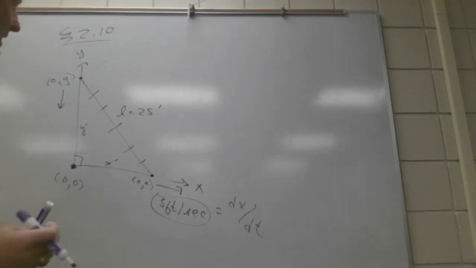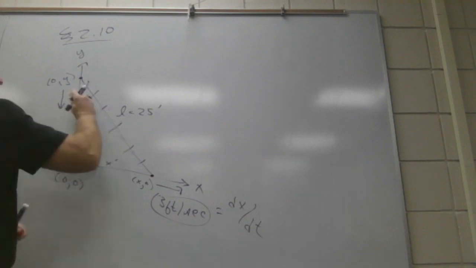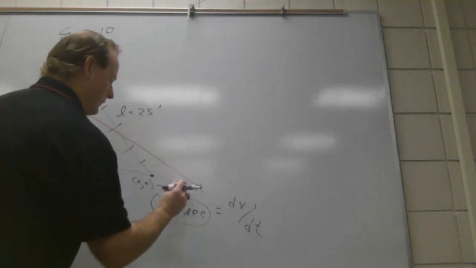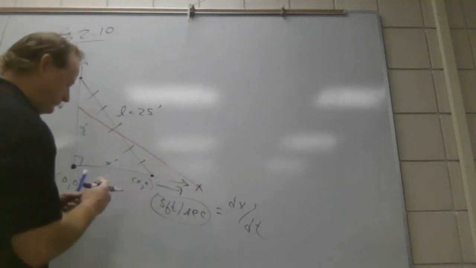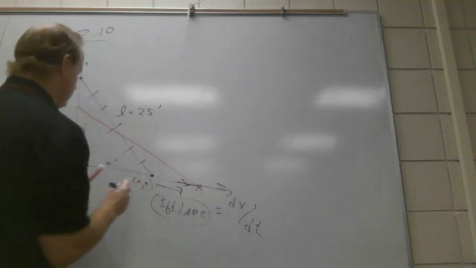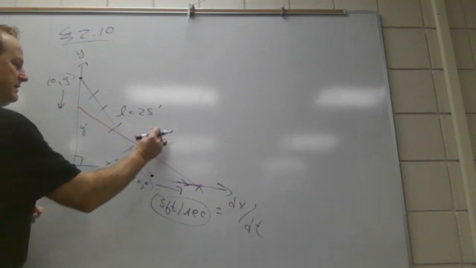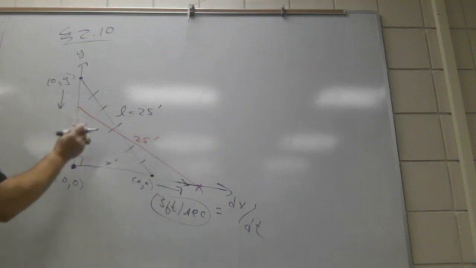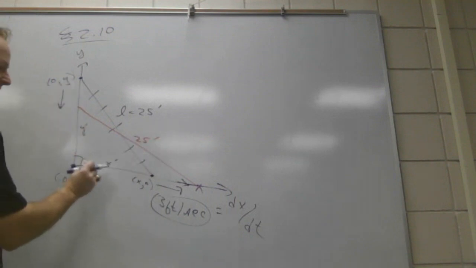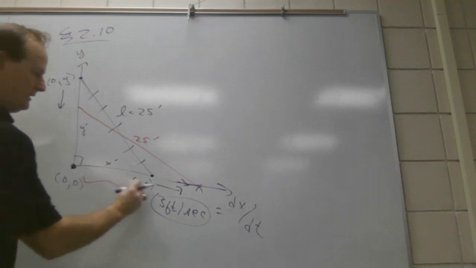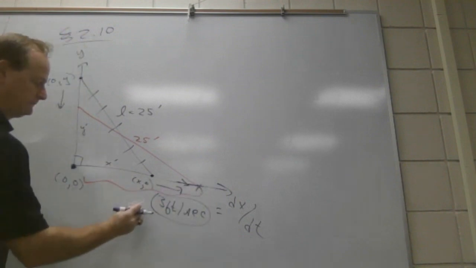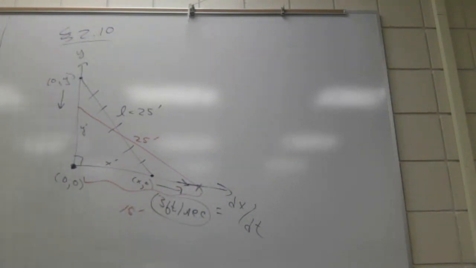Red. So this is going to slide down the wall, and this is still going to be 25 feet, right? But I want to know how fast it's sliding down the wall when this is 15 feet away. So I believe that's what it's asking us to do.